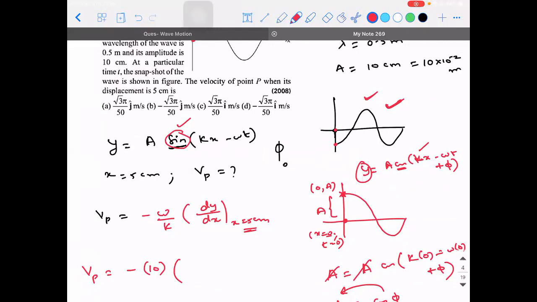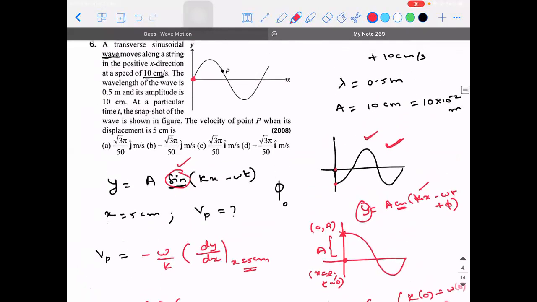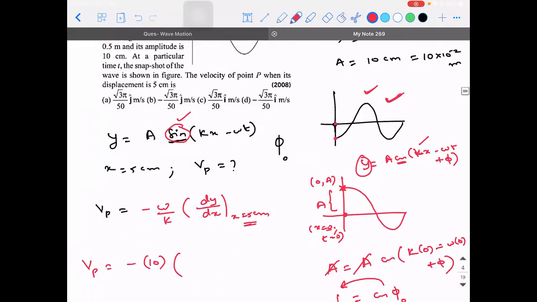We need to find kx minus omega t and all those things, right? Sir, dy by dx or dou y by dou x? Dou y by dou x. When I write dy by dx, that is the meaning. Slope of the y-x graph.